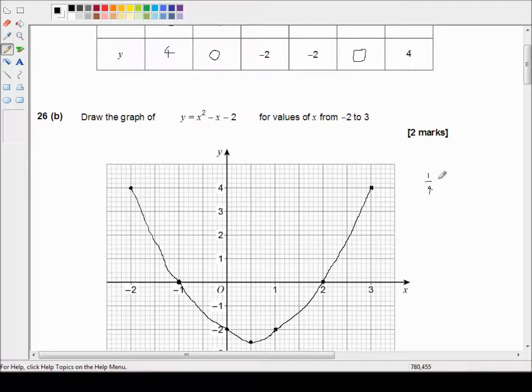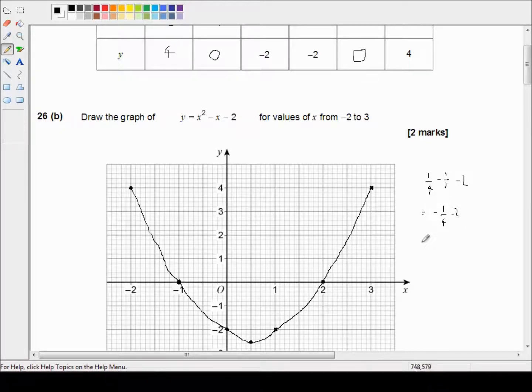Of course, you could use a calculator. Minus, and a half, so that's minus a half, and minus 2. So a quarter minus a half is negative a quarter, minus 2.